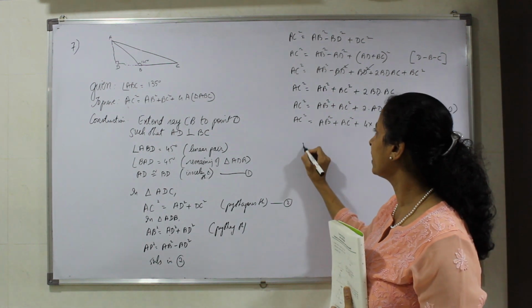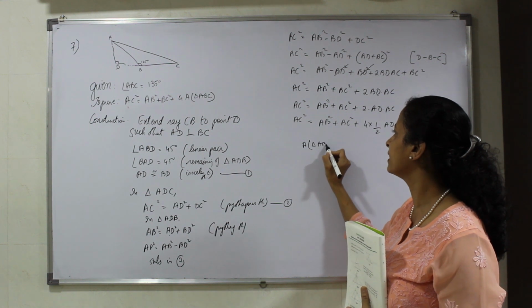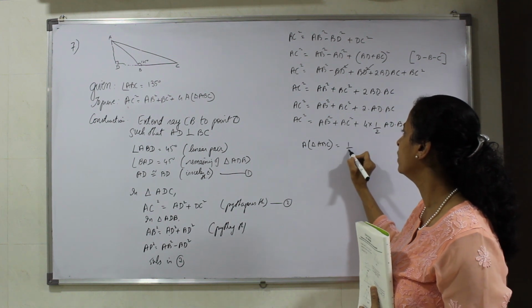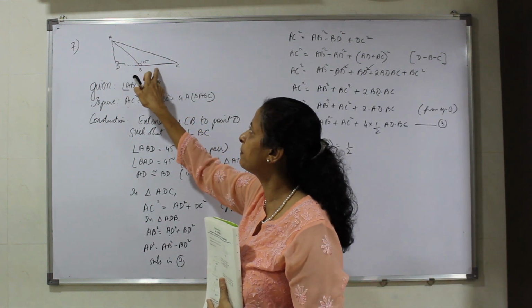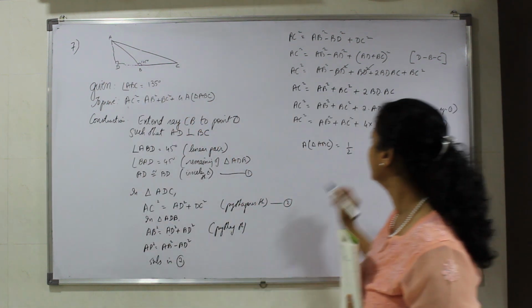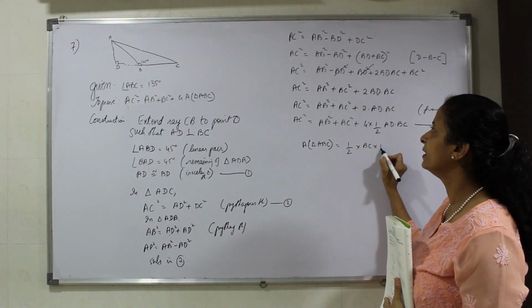Let's go to what an area of a triangle ABC looks like. What is an area of a triangle ABC? You notice half into base into height. So for a triangle ABC, if the base is BC, the height is AD. And so it is half into base BC into the height AD.